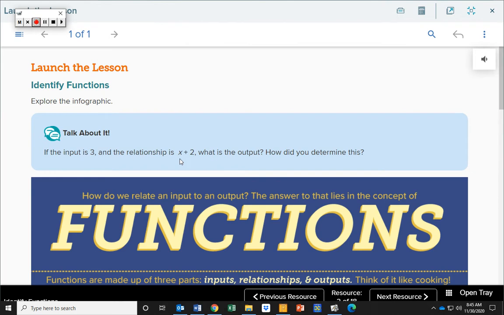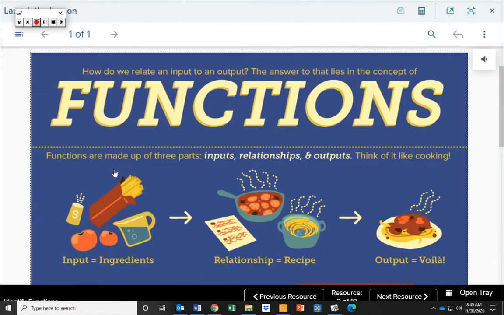So if this machine is x plus 2, and I put a 3 into it, I replace that x with a 3. So 3 plus 2 gives me 5. The output would be a 5. Input is 3, the rule, or the function, the relationship is x plus 2, and the output is 5. Does that make sense? That's how we determine that.